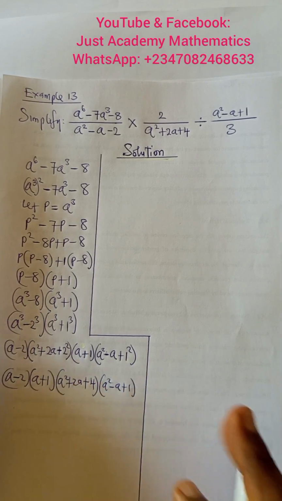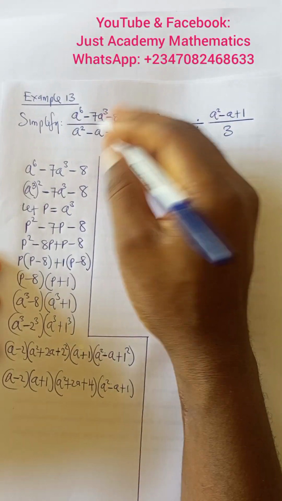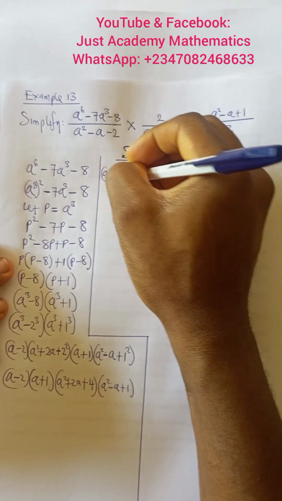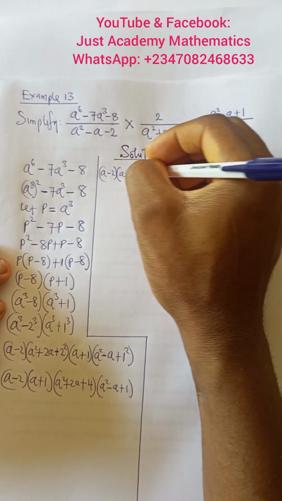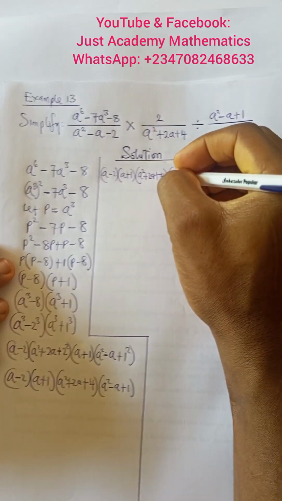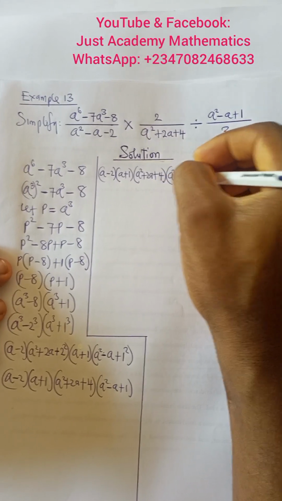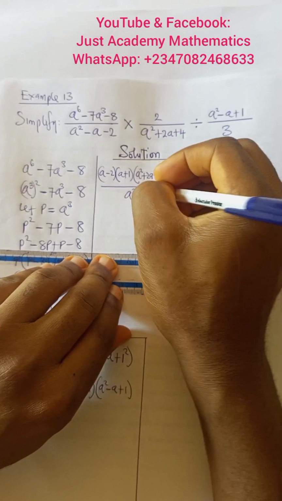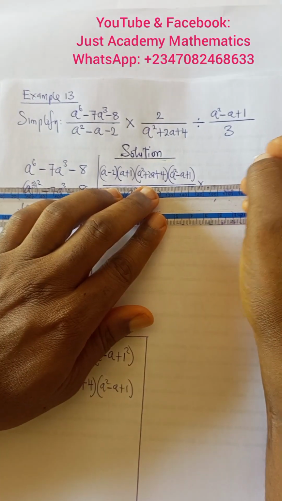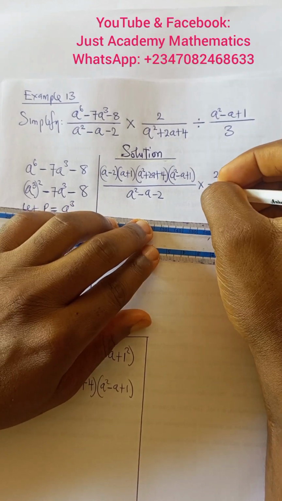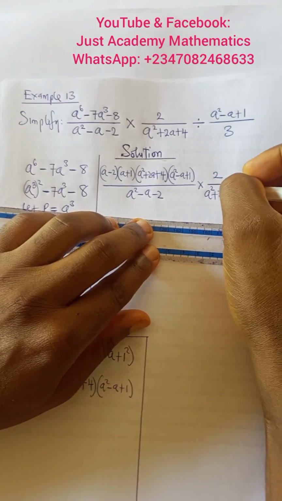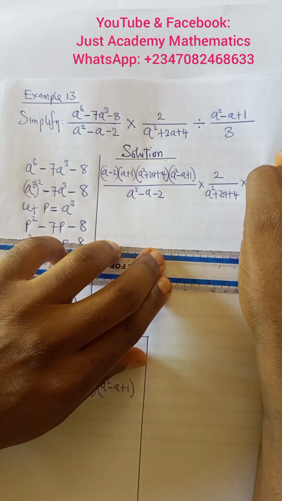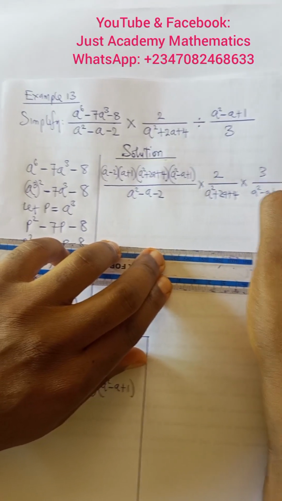In the place of this top one, we'll put (a minus 2)(a plus 1)(a squared plus 2a plus 4)(a squared minus a plus 1), then over (a squared minus a minus 2), times 2 over (a squared plus 2a plus 4), times 3 over (a squared minus a plus 1).